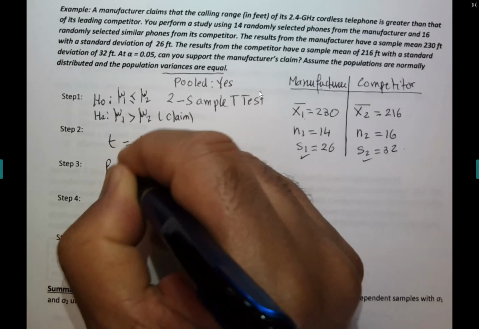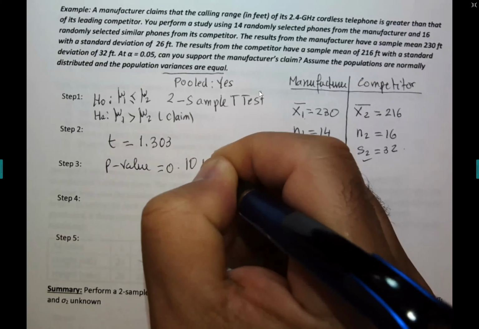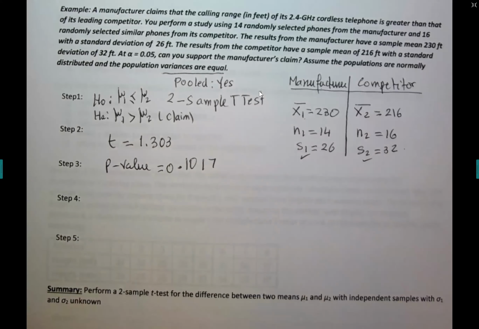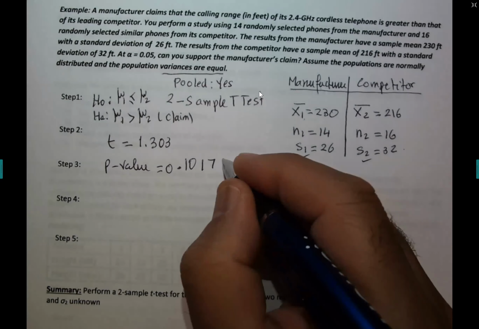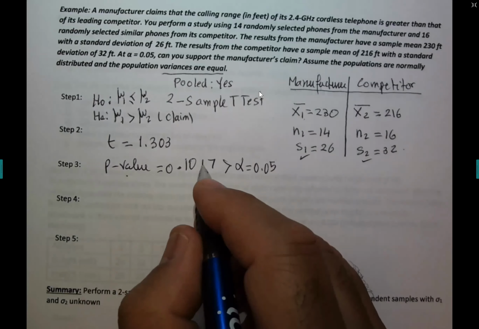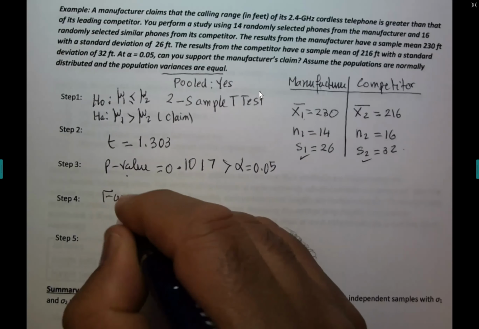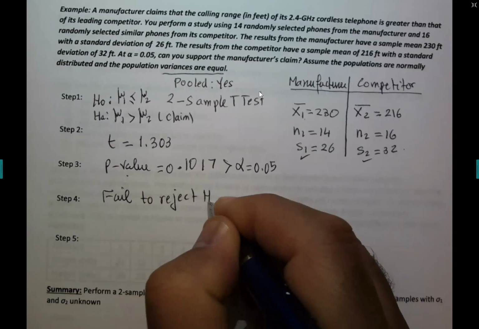We'll compare it with alpha. Alpha is 0.05. So the decision: if the p-value is more than alpha, you fail to reject H0.